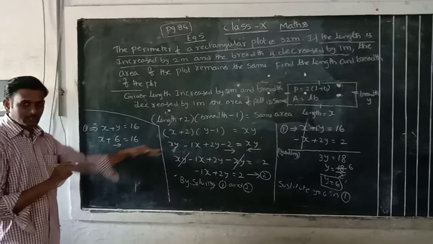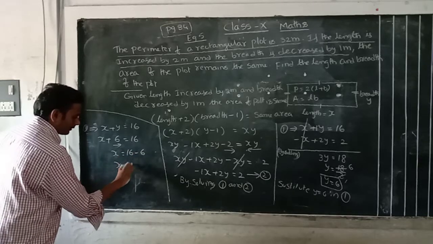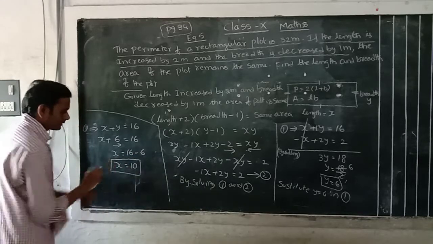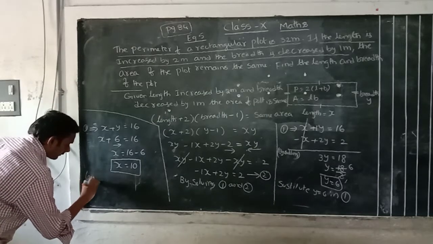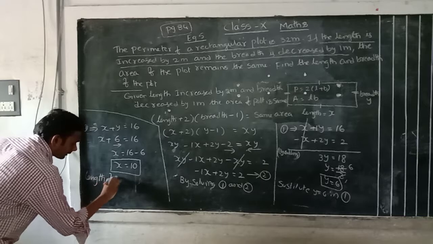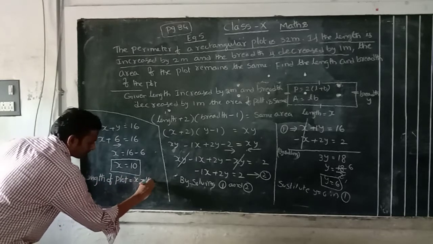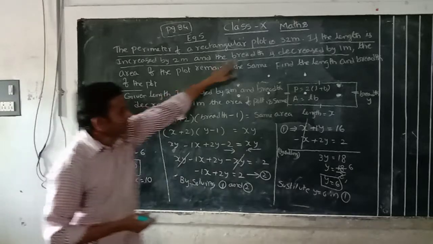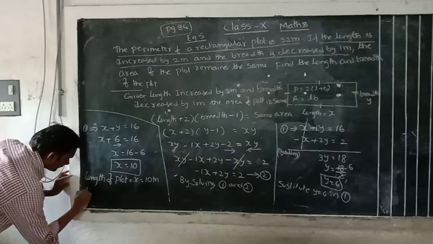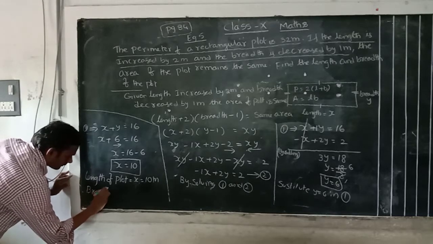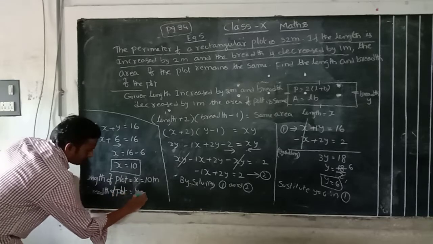Move 6 to the right-hand side: x equal to 16 minus 6, so x equal to 10. Now the length of the plot is x, which equals 10 meters, and the breadth of the plot is y, which is 6 meters.